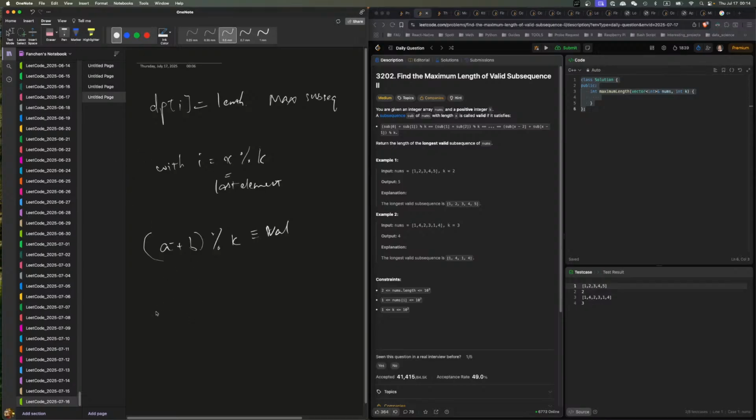So we say b mod k is equal to i. Okay, so how does this work with this?